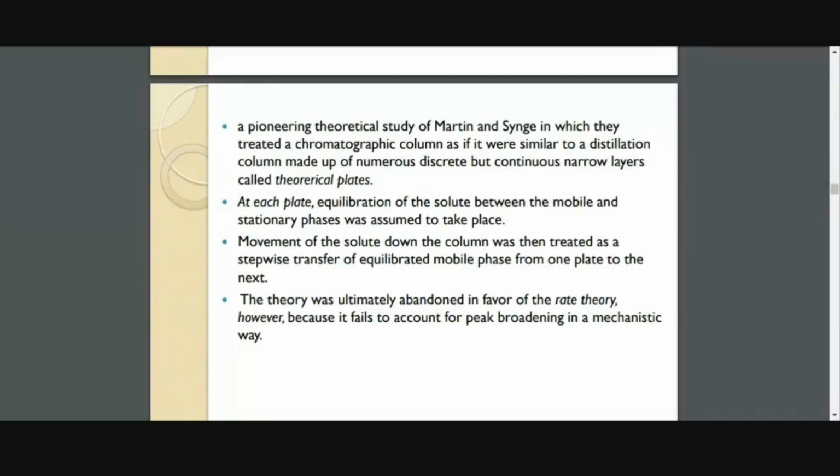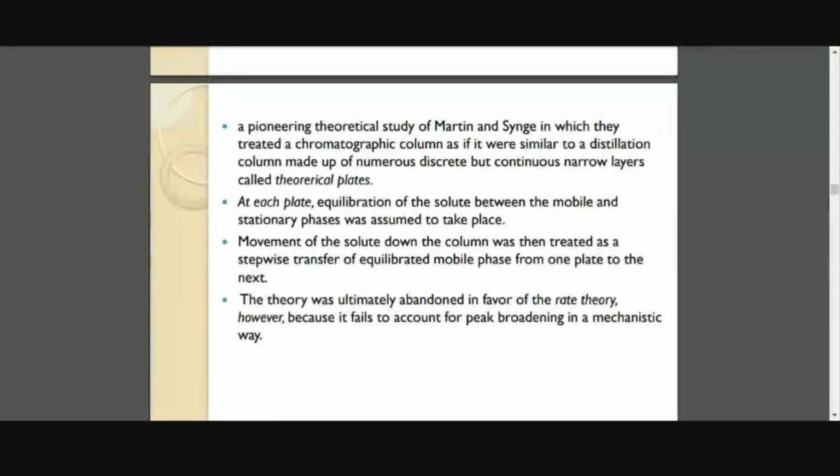See, it is very difficult to scientifically give the definition of a theoretical plate. So you can use the analogy of the column to the distillation column. As Martin and Synge, the pioneers of the theory, described the theoretical plate, you can use similar terminology in the exam when it is asked.